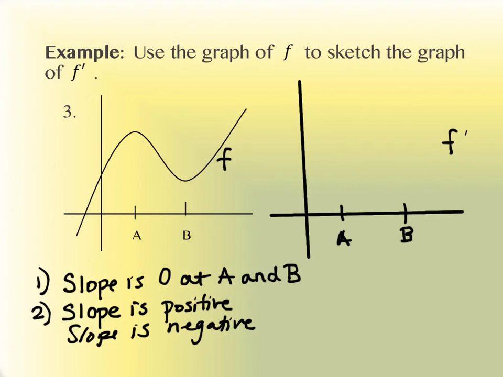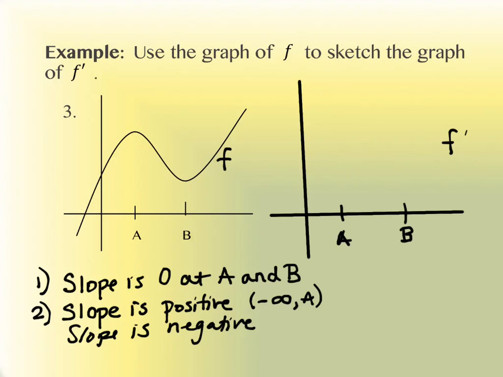So where is the slope positive? If you drew tangent lines, where do you see the slope being positive? Until A. So like this, Christian, does this look okay? From negative infinity, so from the far left side of the graph until I get to A. And from B to... And then I sort of skip, right? And I pick back up at B, and I go from B on.